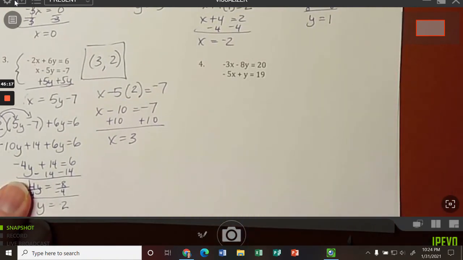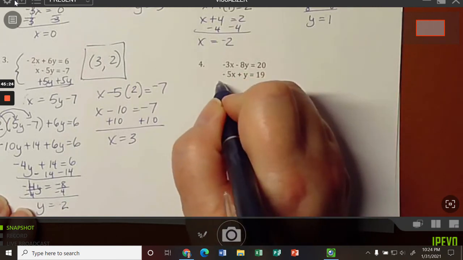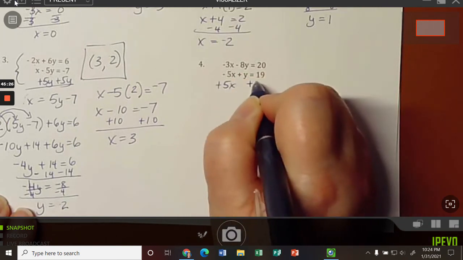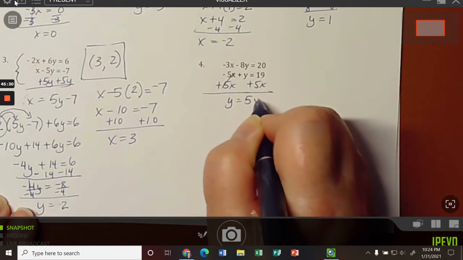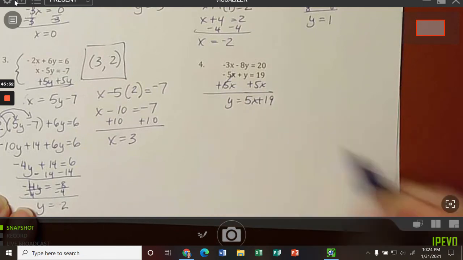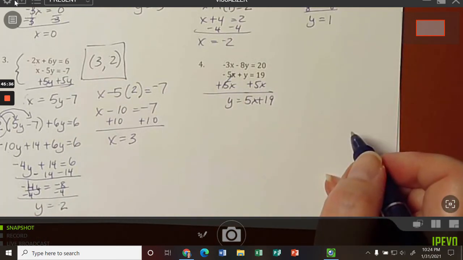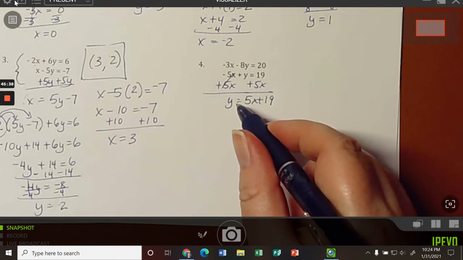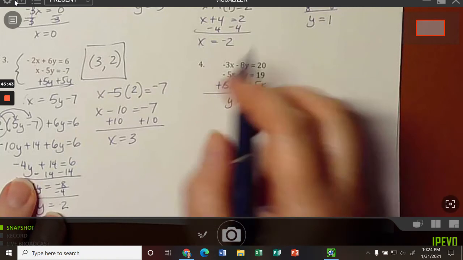So which variable do you think will be easiest to isolate? Probably this y. So I will add 5x to each side. That will give us y equals 5x plus 19. Okay, so then once I have that, I'm just going to substitute that y variable, the 5x plus 19, into that first equation.